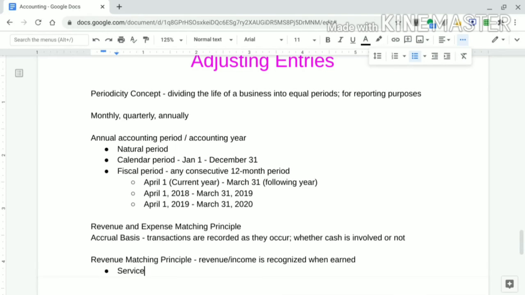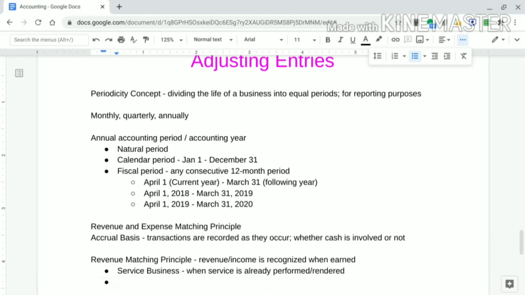Pag service business, once na na-render na yung service, okay, when service is already rendered or performed, revenue or income is already earned, whether nabayaran ka na ni customer or hindi pa. Okay? So, yun yung sinasabi nating revenue matching principle.